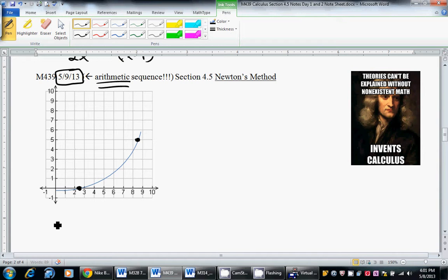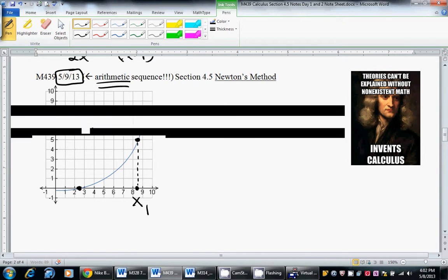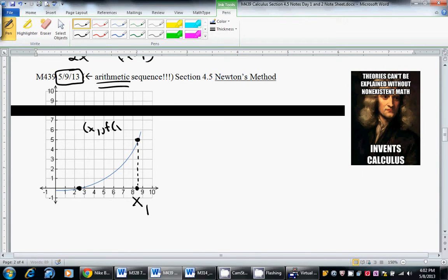And let me draw a little dashed line down here. Right there is where it hits the x-axis, and I'm going to call this x value x1. On the graph, this is the point x1 comma f of x1.